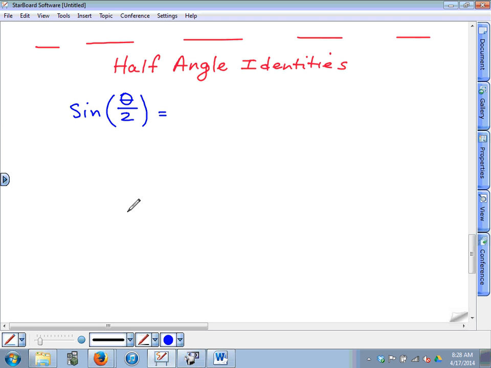So the sine of theta over 2 is plus or minus big giant square root of 1 minus cosine theta over 2.